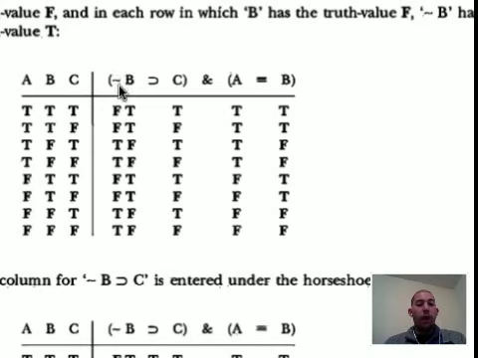So although B is, strictly speaking, a component sentence, when we look at the material conditional, it's almost blind in a way to whether or not what's inside here is a component. It just says you need to feed me two truth values, and so we're not going to feed it B's truth value. We're going to feed it the negation of B's truth value.